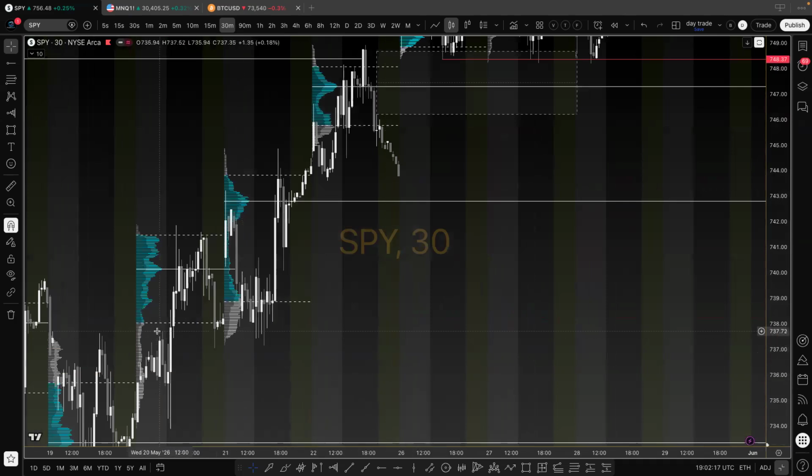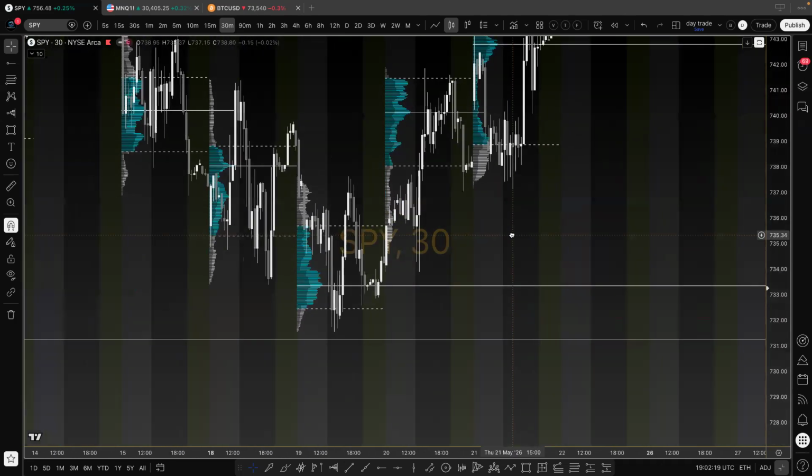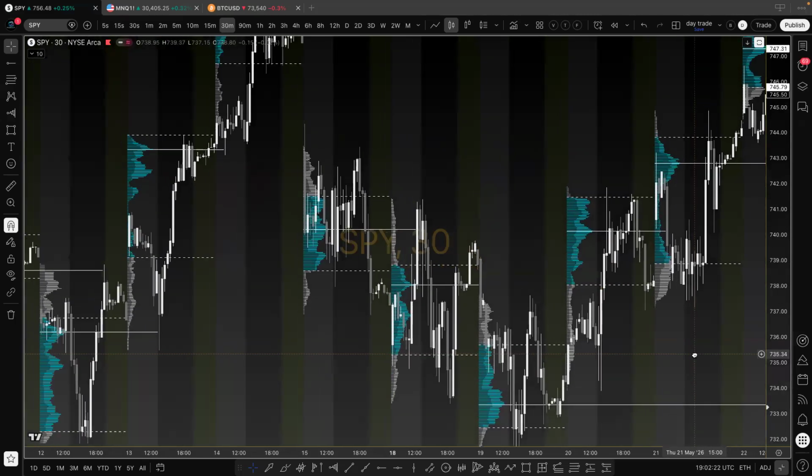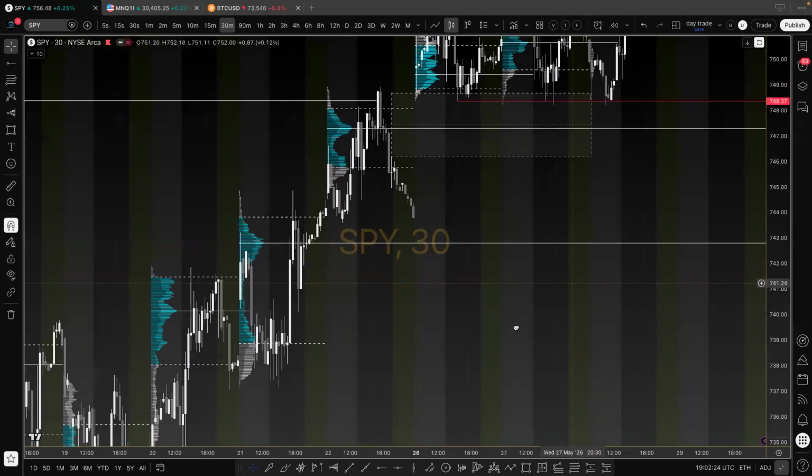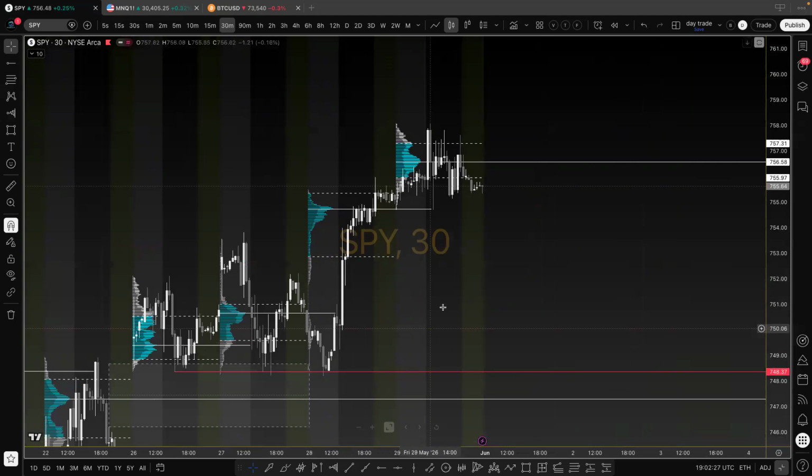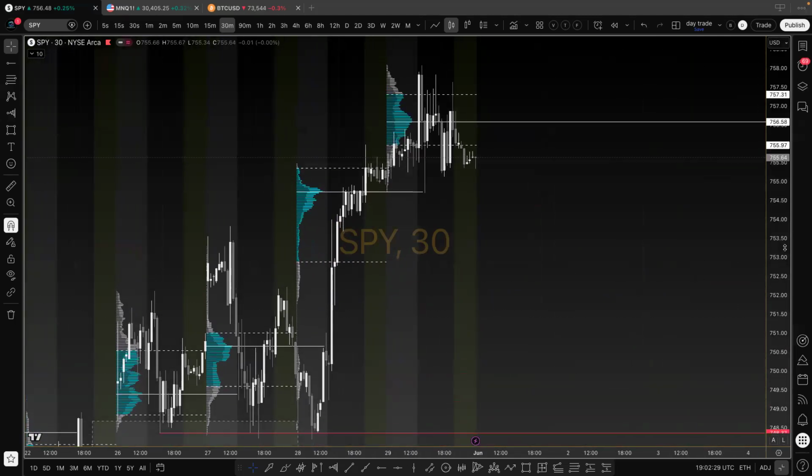But usually when you open the day outside of the previous day's value area high, and then you close two 30-minute candles inside of the value area of that previous day, there is an 80% chance that you're going to fill this volume profile area, I mean the value area, and you will probably touch the value area high.